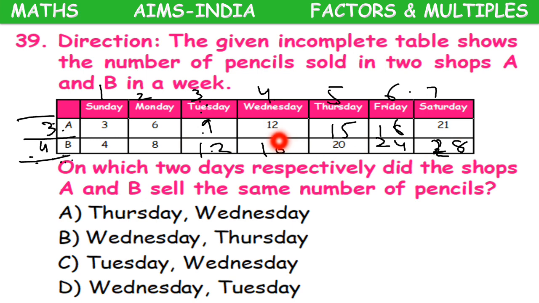If we observe, shop A sold 12 pencils on Wednesday and shop B sold 12 pencils on Tuesday. Yes, they sold the same number of pencils. They sold 12 pencils. A sold 12 on Wednesday and B sold 12 on Tuesday.